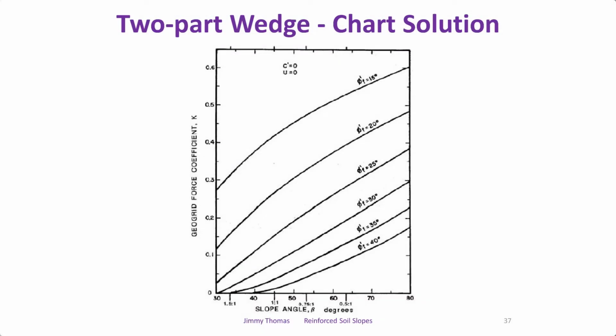Here we have the slope angle beta, and the angle of shearing resistance, from 20 to 40 degrees. This gives the force coefficient, which is similar to an earth pressure coefficient. So for a particular slope angle and a particular phi value of soil, we select the coefficient. From this, we can get the tension in the reinforcement.